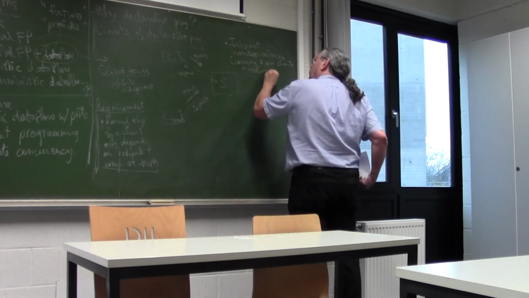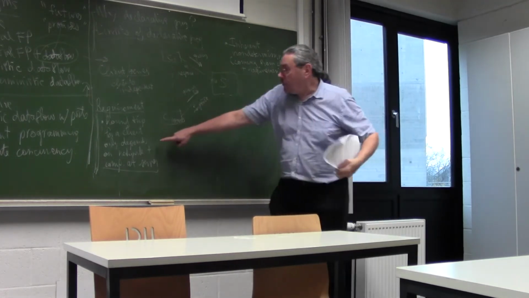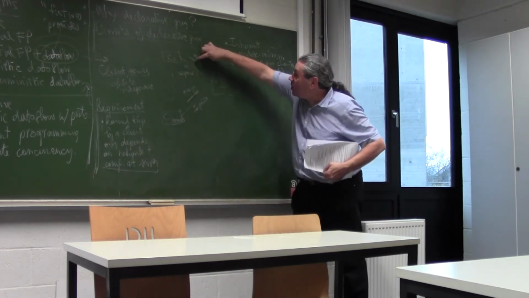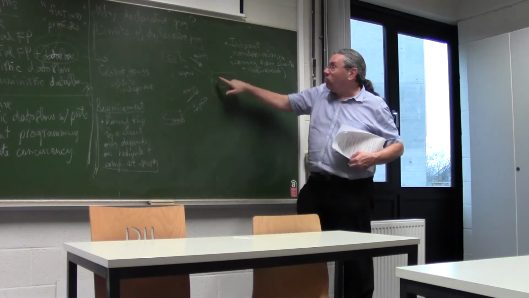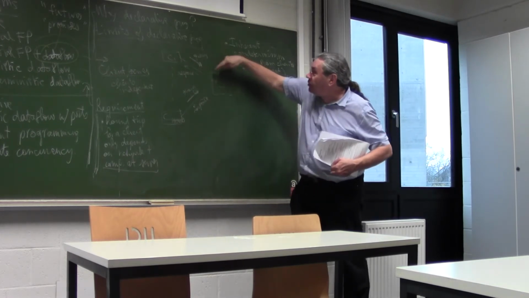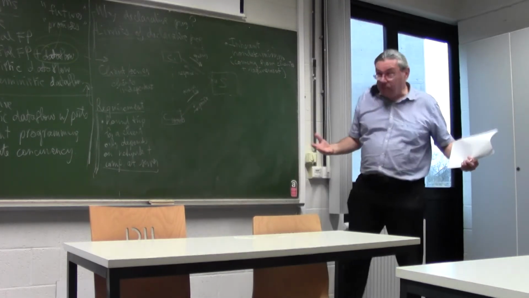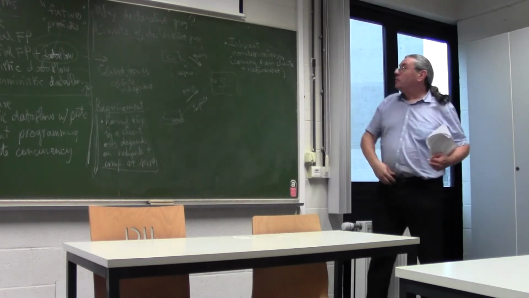I cannot remove this non-determinism because each client wants reasonable time. That means when this query arrives, I have to handle it. I cannot wait for the other one. Huh? When query 1 arrives, I have to handle it. And when query 2 arrives, I have to handle it. Because of the requirement, okay?